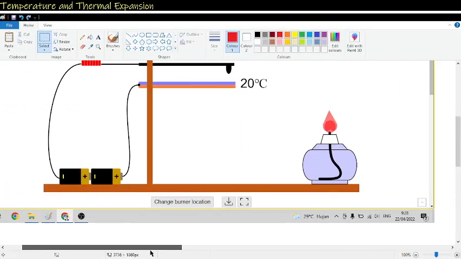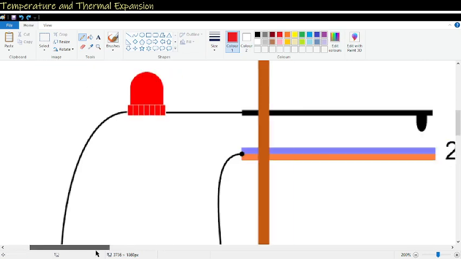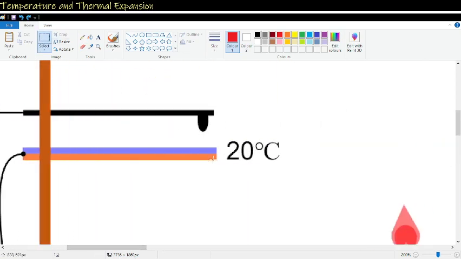Okay, so for the bimetal, we have blue metal and red metal, and they are glued together here. If they are not glued, if they are not stuck together, when I expand this metal, the red one will expand more, and it will be like this.